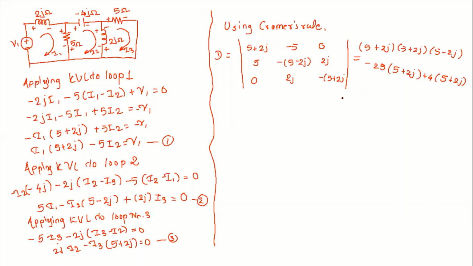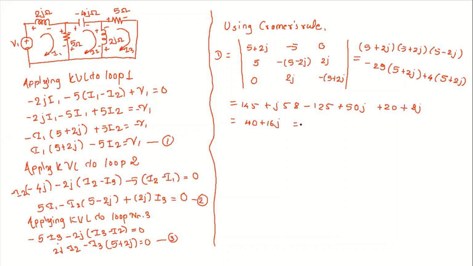If I equate these terms, I'll get 145 plus 58j, minus 125 plus 50j, plus 20 plus 8j, which is nothing but, if we resolve this one, 40 plus 16j.